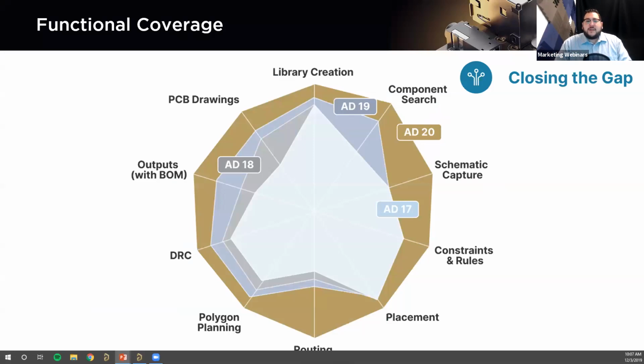Second part, closing the gap. With our previous releases, 17, 18, 19, there was a big focus on a particular type of functionality, right? You can see here in this coverage map, for example, in 17 we had a big focus on placement. And as we progressed in 18 and 19, we tried to expand that coverage.